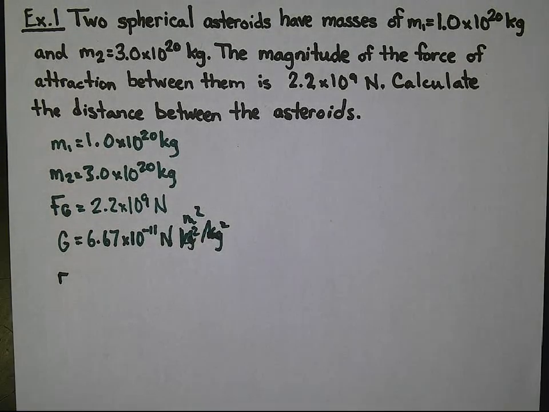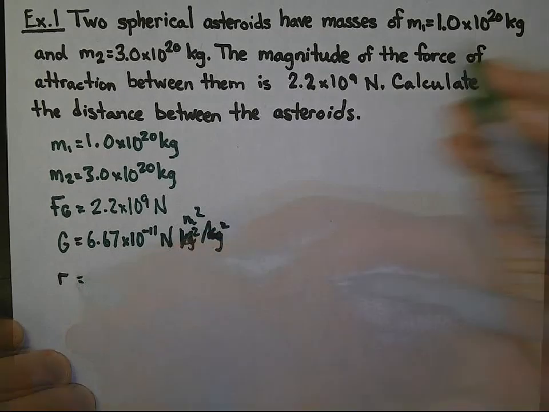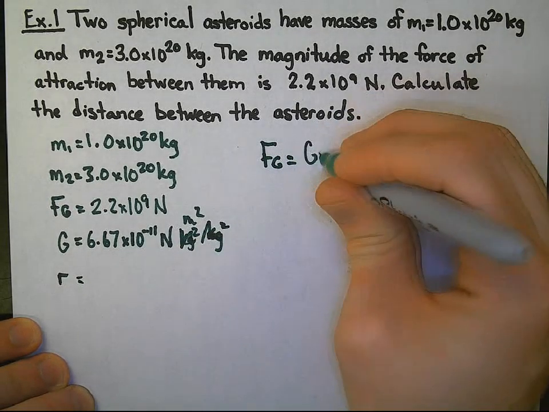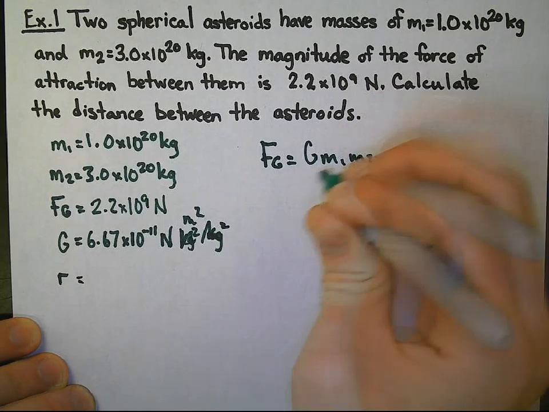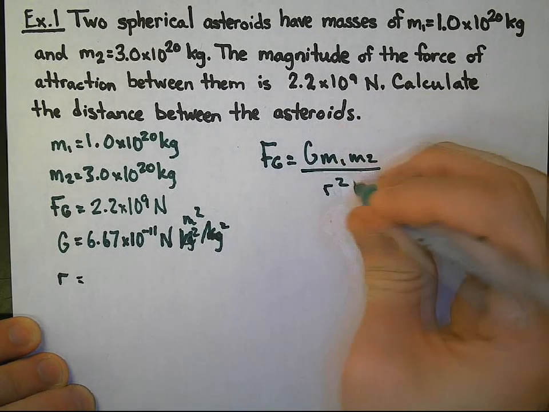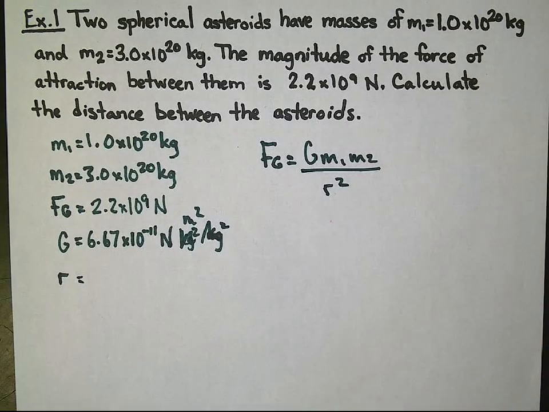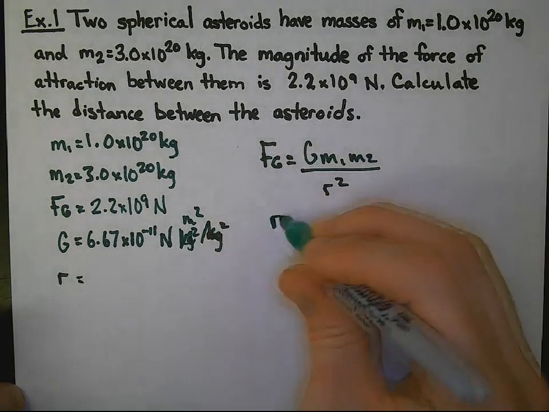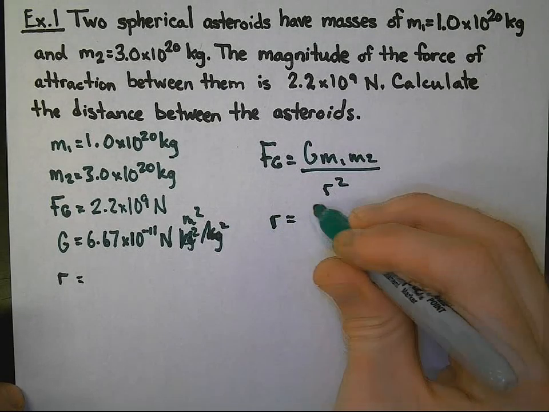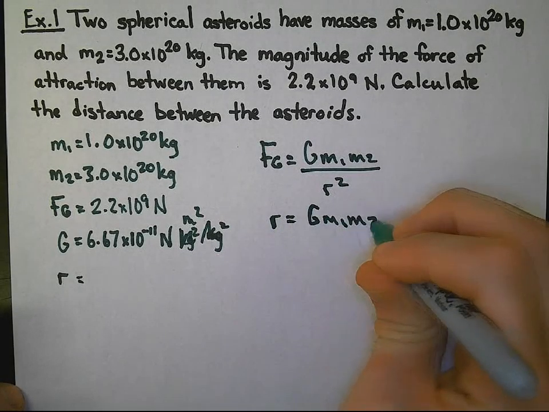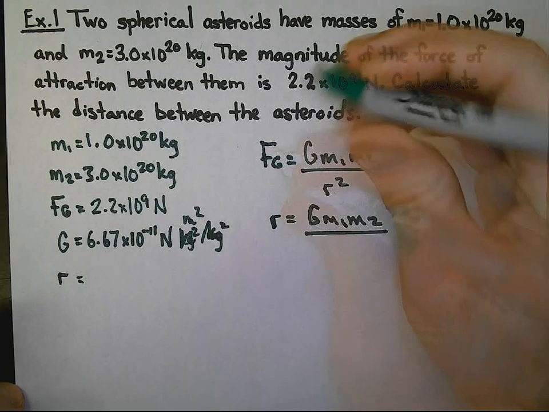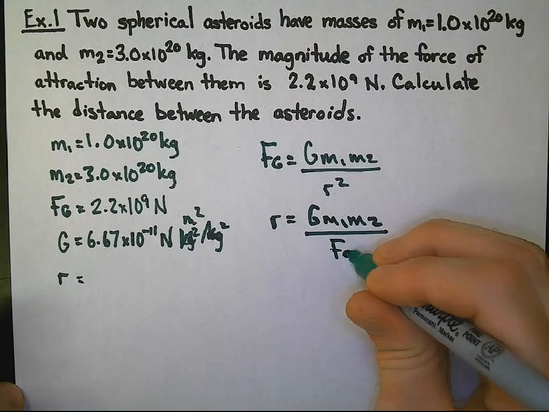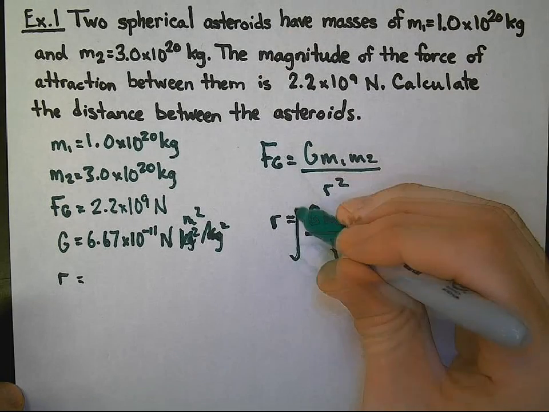So we have that our force of attraction between the two is given by G, M1, M2, all over R squared. We need to solve for R in this case. Well, that's as simple as taking R, we'll have G, M1, M2, all of that divided by FG, because we would have R squared over here, and we would have to take the square root of everything to solve.